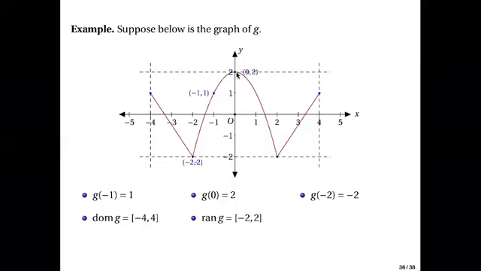And since you don't see any hole here, all y's between negative 2 and positive 2 inclusive are in the range of g. You don't see any graph below negative 2 or above positive 2. So this is the range of our function g.